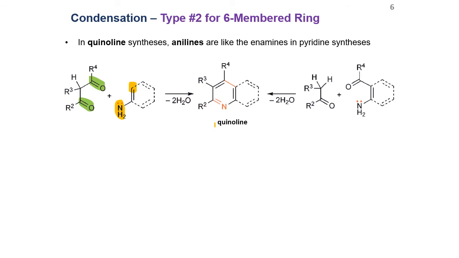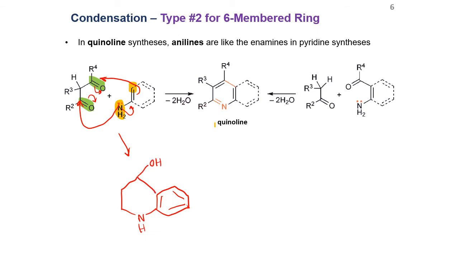So this carbon attacks here, and the lone pair of nitrogen attacks here, and if you draw the mechanism correctly, you are going to form the intermediate with two OH groups.